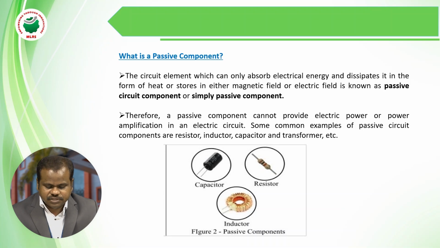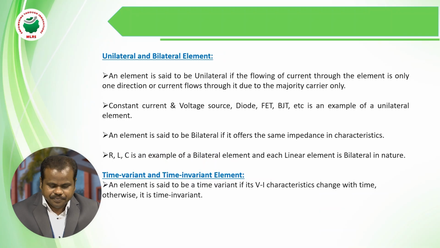Some common examples of passive circuit components are resistor, inductor, and capacitor. In this, resistor dissipates energy in the form of heat, whereas inductor and capacitor store energy in the form of magnetic field and electric field respectively.